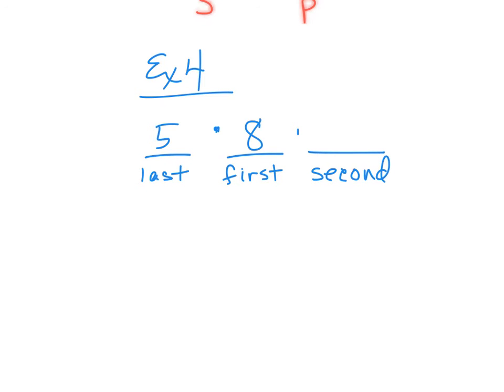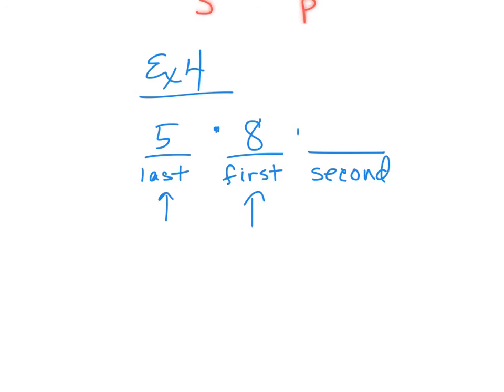Okay, Chris and Katie. We have 10 digits to choose from, but we can't repeat digits, so the second digit can't be the last digit, and it can't be the first digit, otherwise I'd have repeated digits. You see that? So I started with 10, 0 through 9.